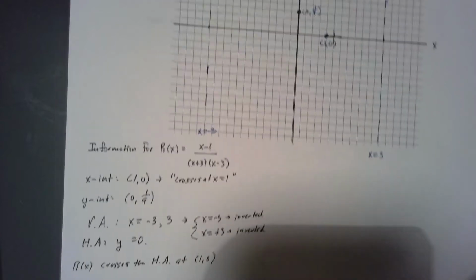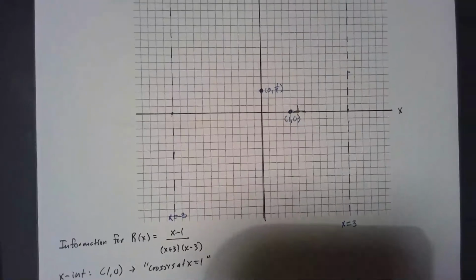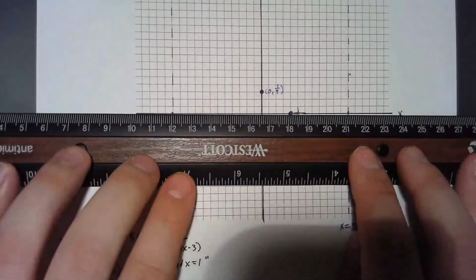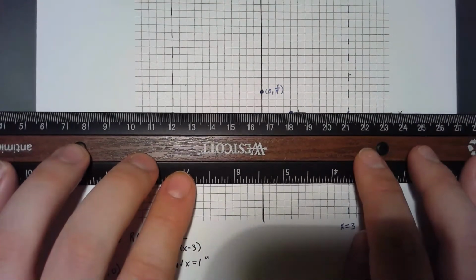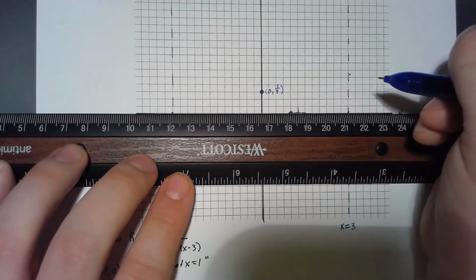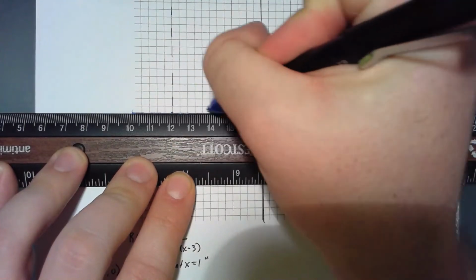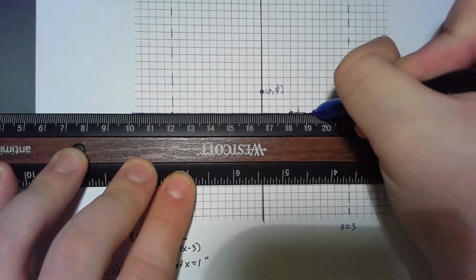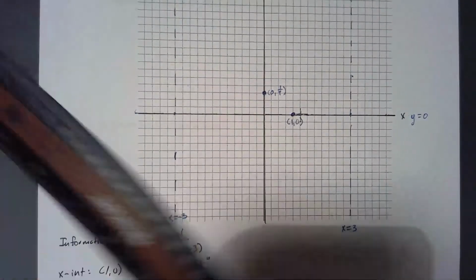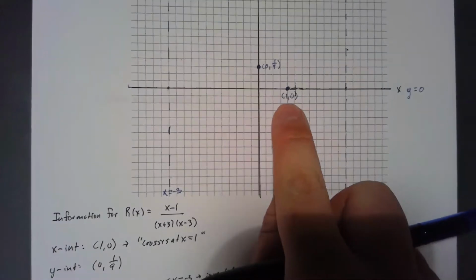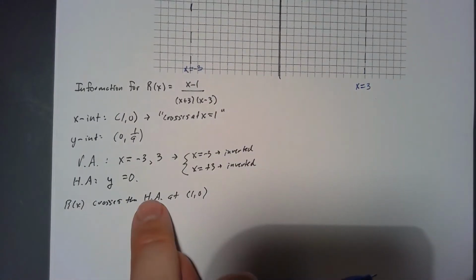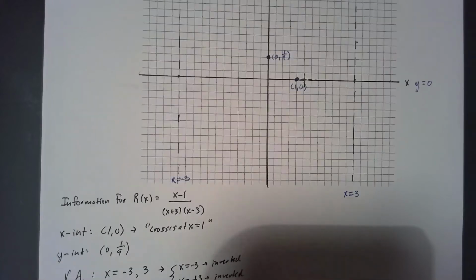The horizontal asymptote is y equals 0, so that's easy. That's just the x-axis. The x-axis and y equals 0 are one and the same thing. The horizontal asymptote is the line y equals 0, which just happens to be the x-axis. That makes sense because I said r of x crosses the horizontal asymptote at 1 comma 0.